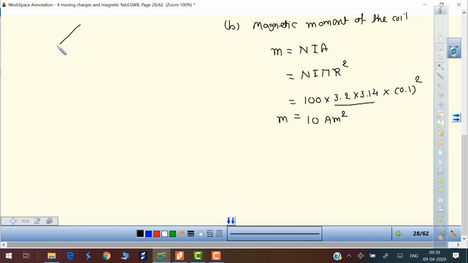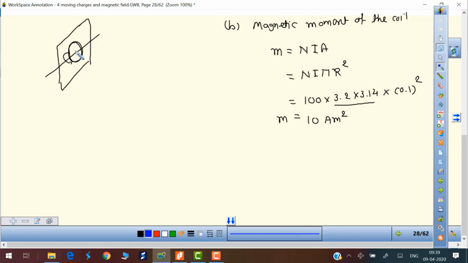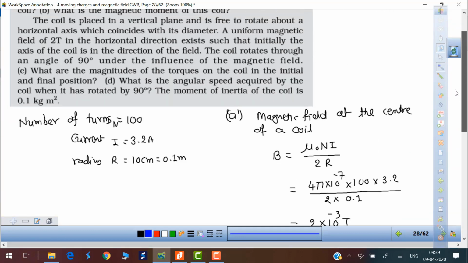So this is your vertical plane, and here is your coil in vertical plane, and this is the horizontal axis about which it can rotate like this, and this is the axis of the coil. Okay, now what is your question?